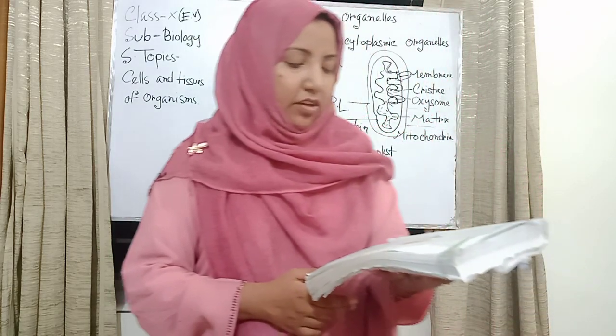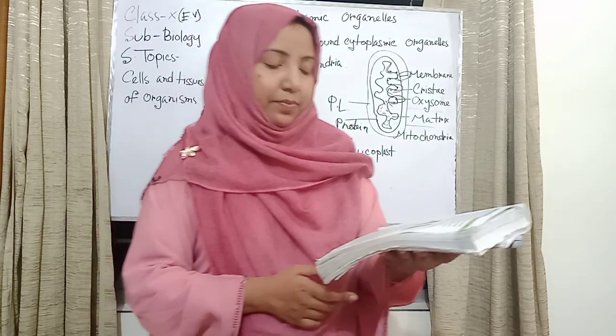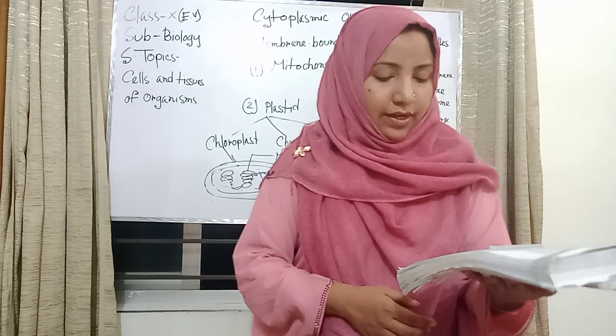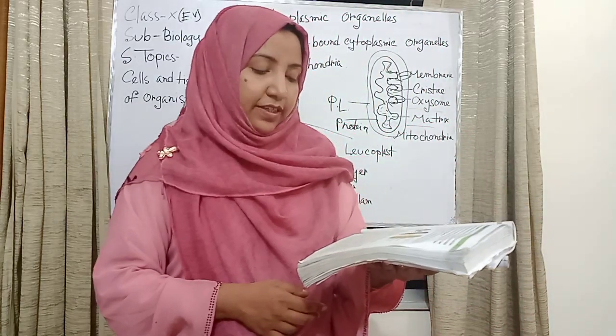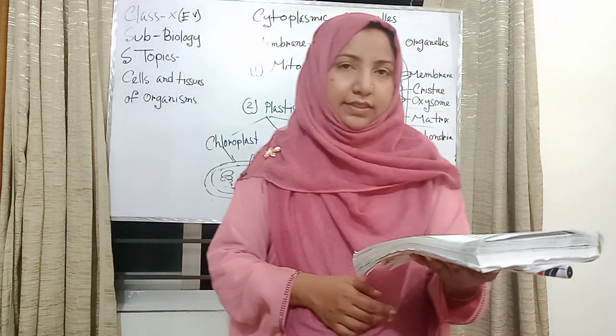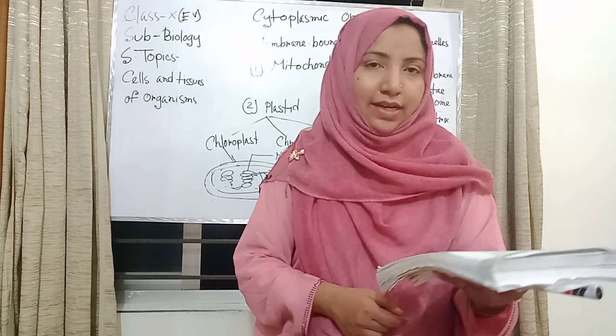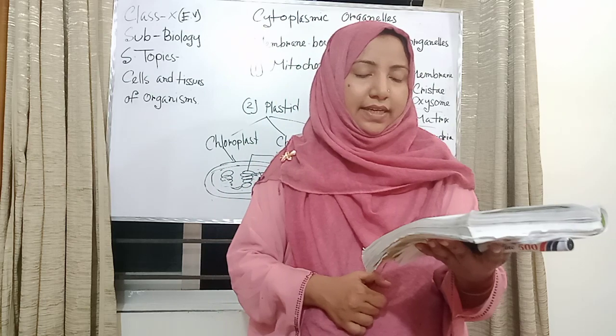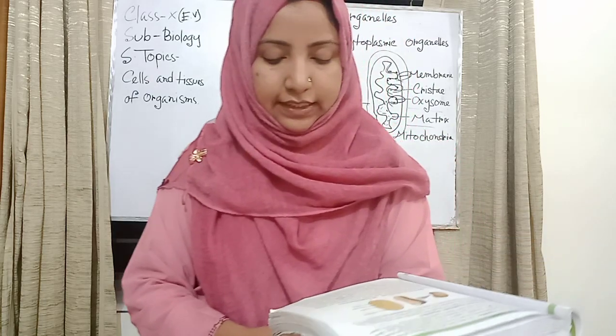The main function of mitochondria is to help the organism in cellular respiration. You will later learn that the process of respiration has 4 stages: glycolysis, acetyl-CoA formation, the Krebs cycle, and the electron transport system.